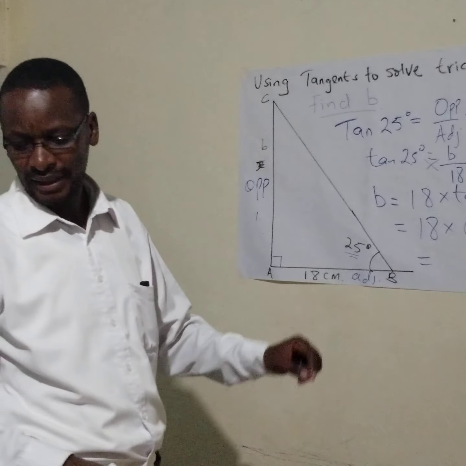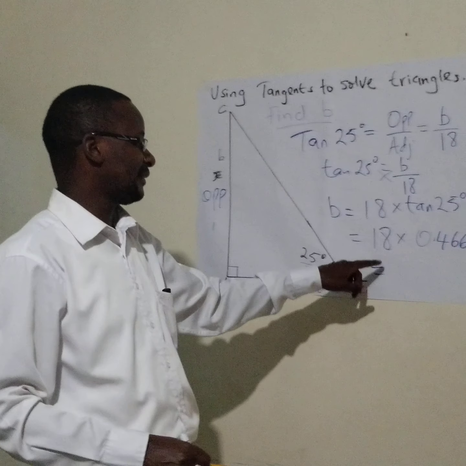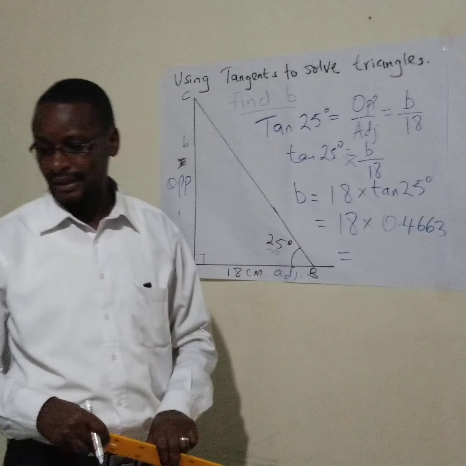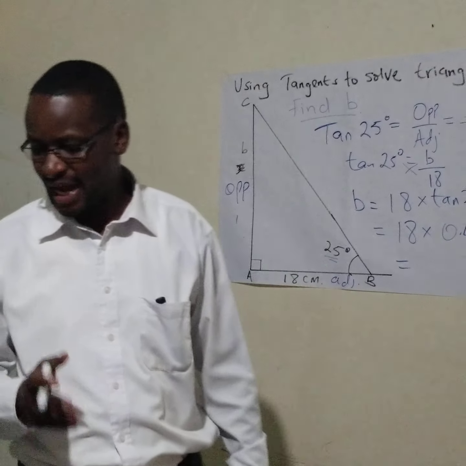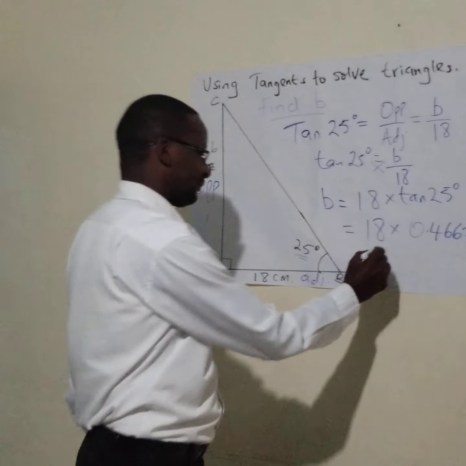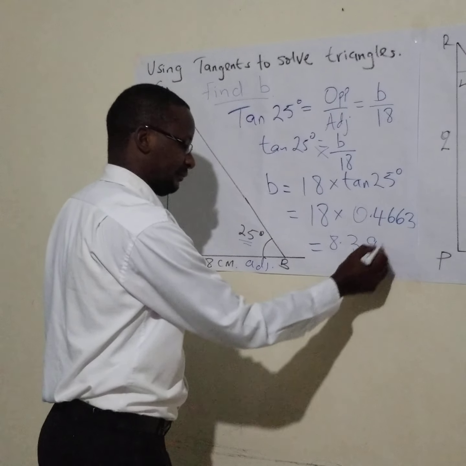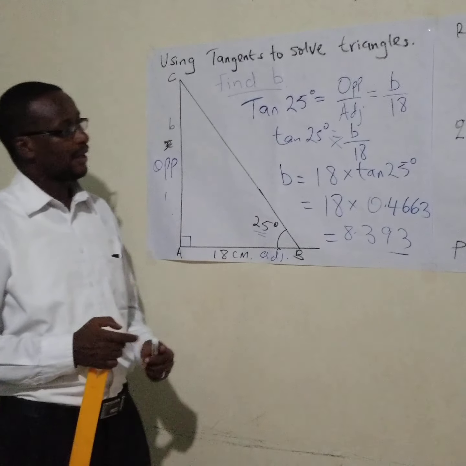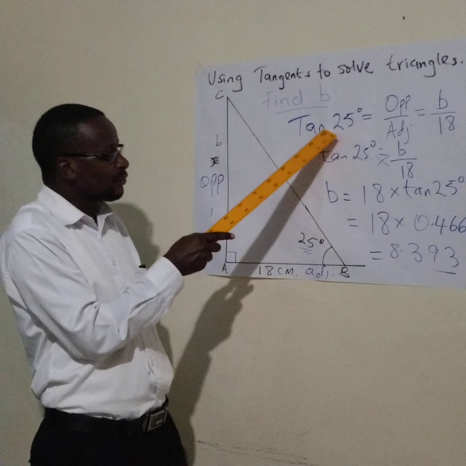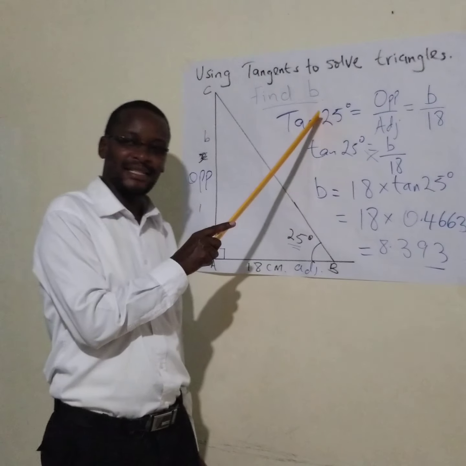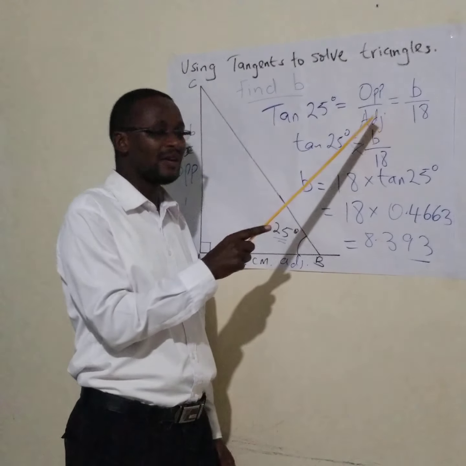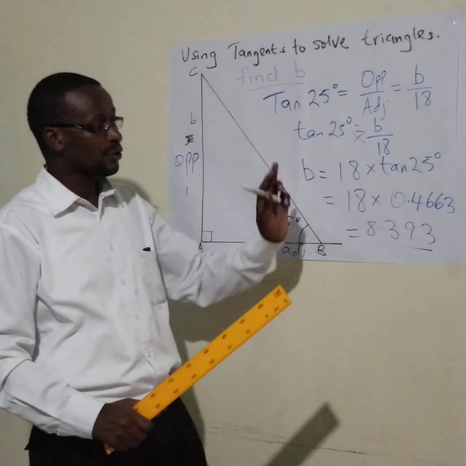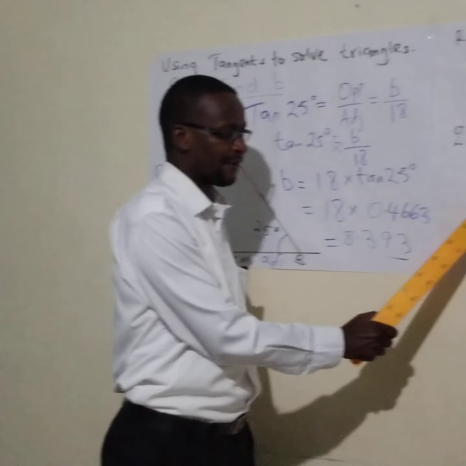You can make sure that your answer is in at least 4 significant figures. For our case, your answer should be about 8.393 when you multiply the two. So that is how you do it. You just need to remember the meaning of tangent. Tangent is a ratio of opposite over adjacent. Just that. And that is the relationship you're going to use to do even this question here.